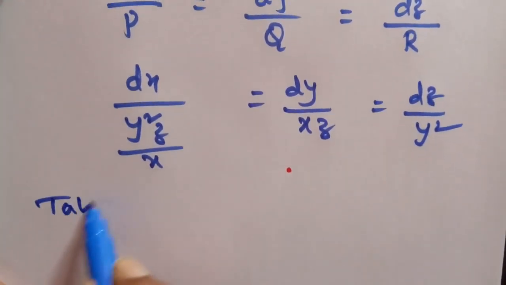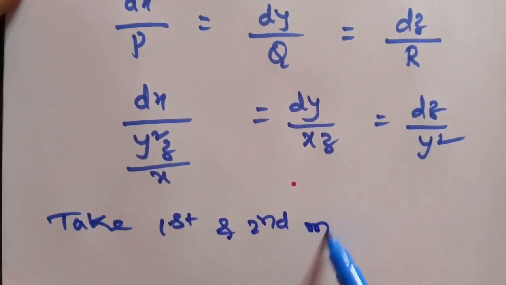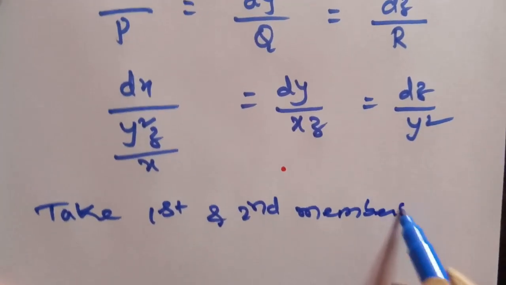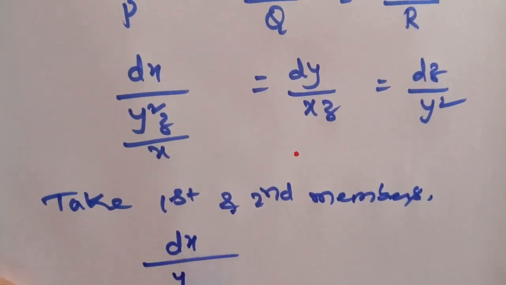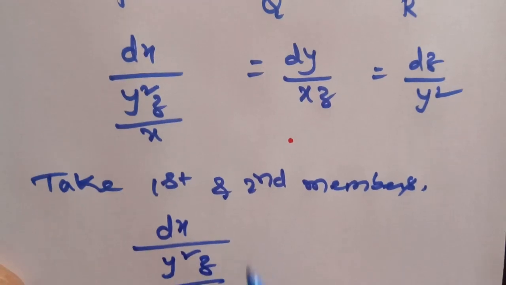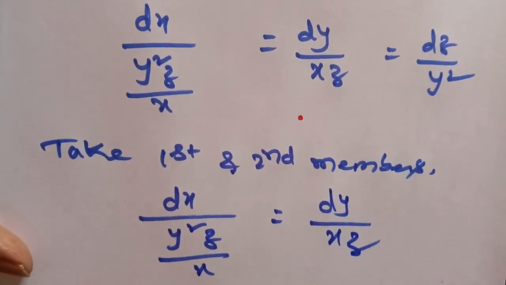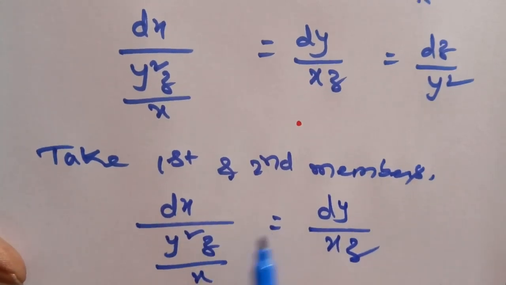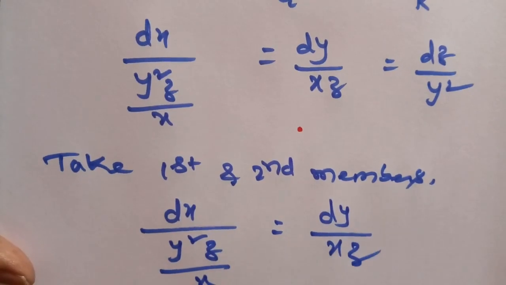Now take the first two members, that is dx by y square z by x is equal to dy by xz. As explained in the theory, first try to eliminate z other than x and y if it is involved.